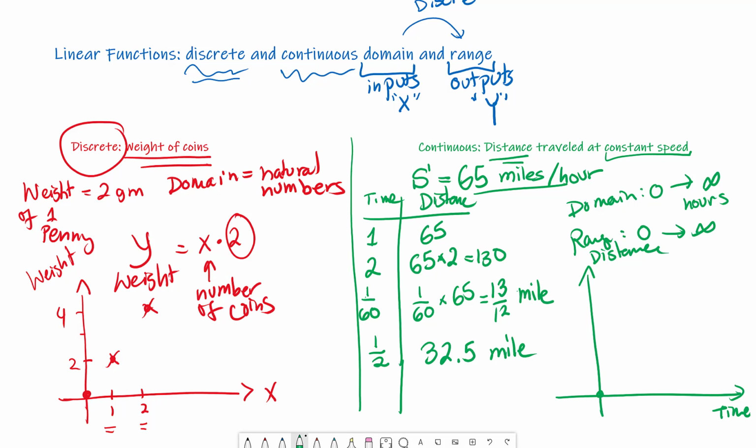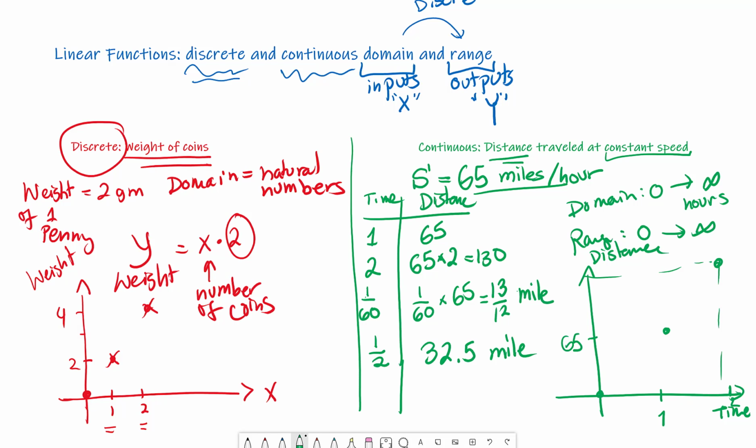So again, when we're at 0, we haven't traveled any miles, right? We haven't passed any distance. But then if we travel 1 hour, let's write 65 right here. If we travel 1 full hour, we've traveled 65 miles. If we travel 2 hours, let's say that's 130.